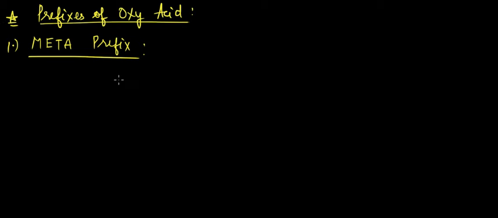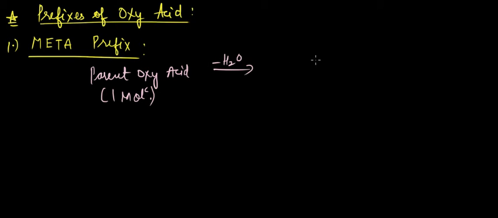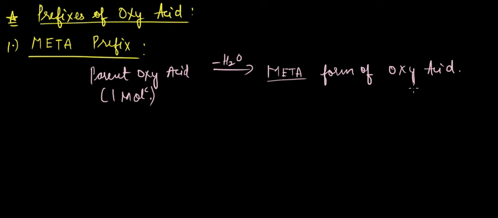Suppose this is our parent oxy acid. We are taking one molecule of the same, and we are removing water molecule from this to get the meta form of oxy acid, provided it should also be an oxy acid.